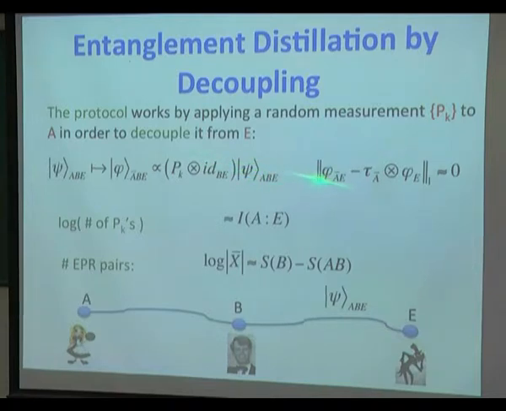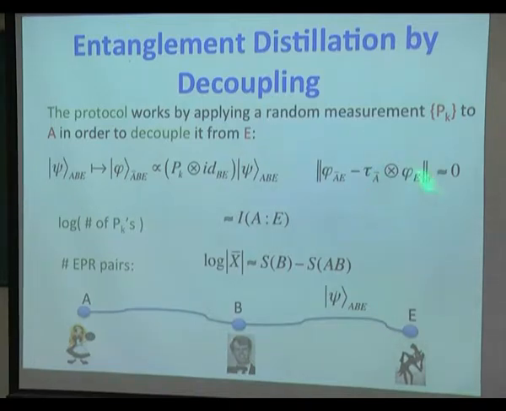The only property that we want from these states is that the trace norm between phi_AE and a product state is small: a maximally mixed state on this new A, which might have a different dimension from the original A because we apply this projector, so a maximally mixed state in this subspace of the original A, times the original reduction on E. Phi_E is just the reduced state on E. Suppose that after the measurement, on average over k, this is true, or very close to 0. Then the claim is that they can achieve entanglement distillation.